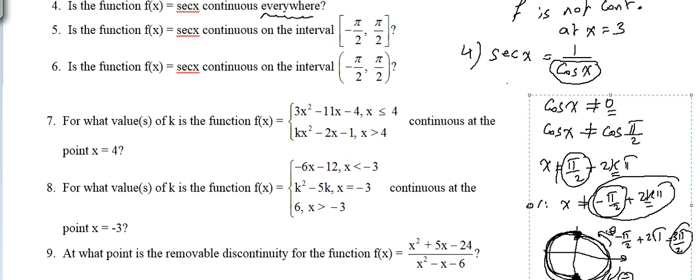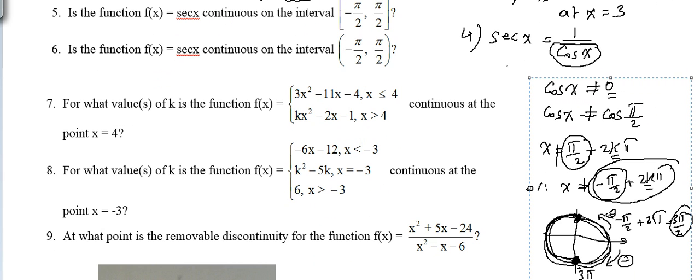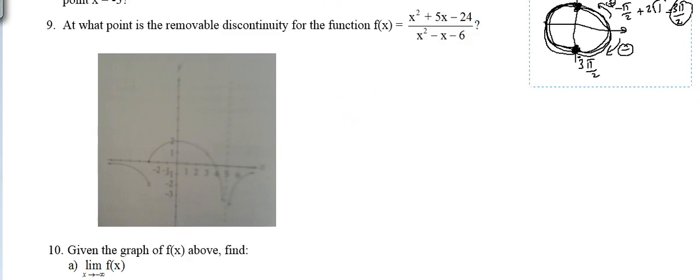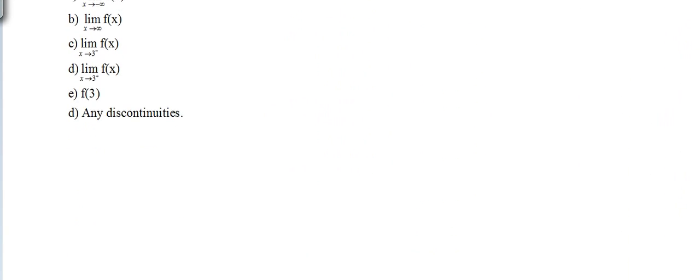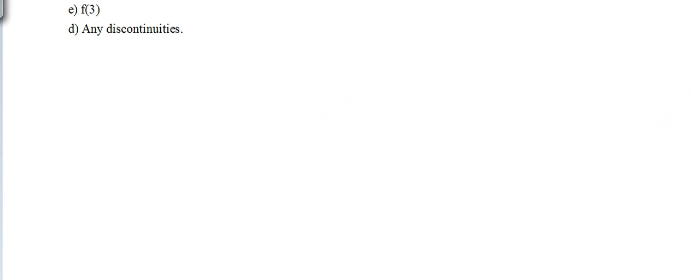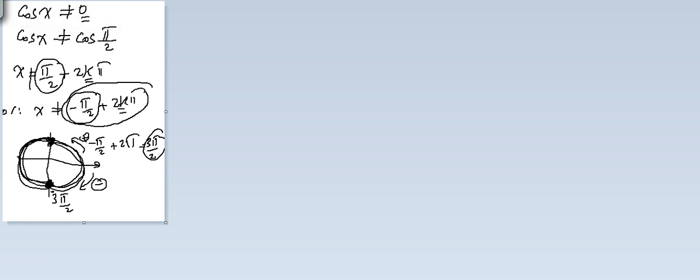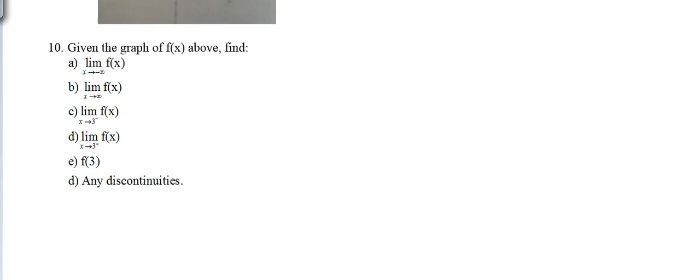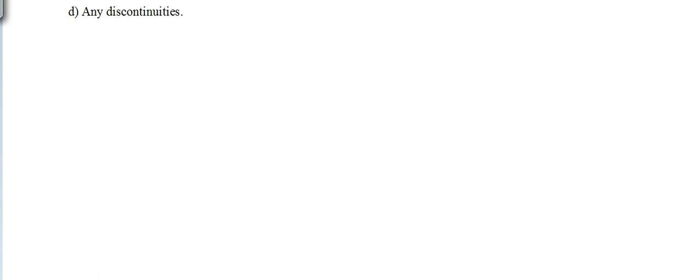Let's see number 5. Is the function secant x continuous on the interval minus pi to pi? Again, y equals secant x, which is 1 over cosine x.